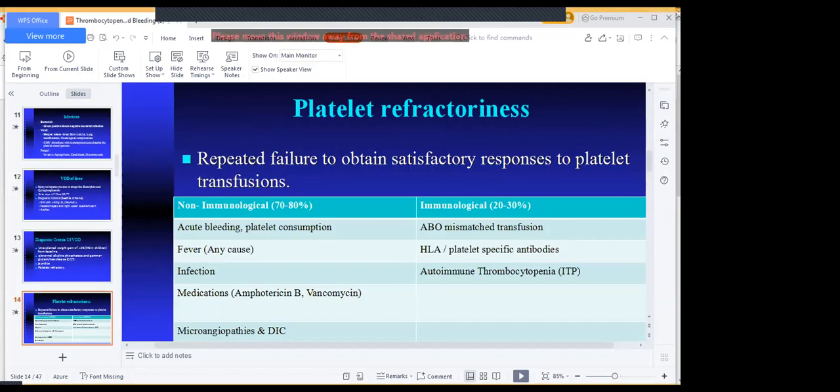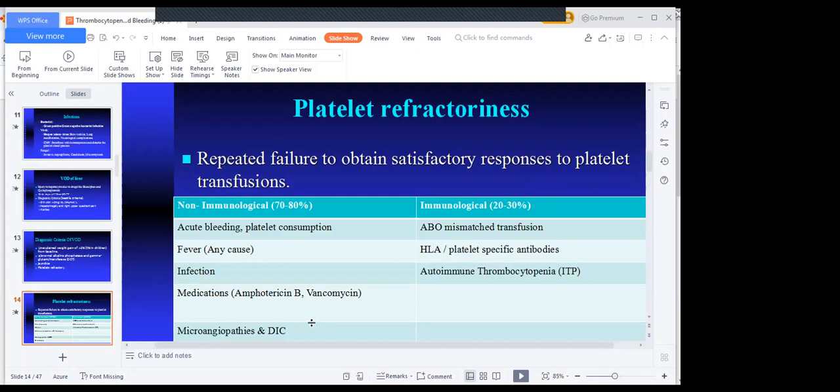Platelet refractoriness: I would like to mention a few causes, and that is non-immunological and immunological. Non-immunological, that is 70% to 80%: acute bleeding, platelet consumption, fever, infection, medication like amphotericin B, vancomycin, and microangiopathy and DIC.